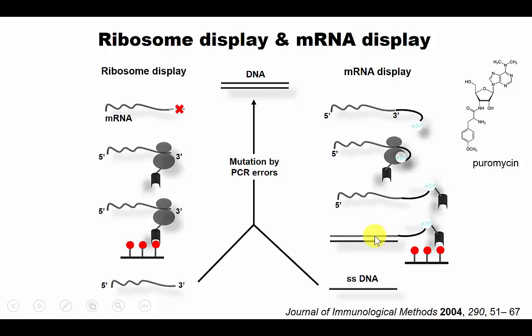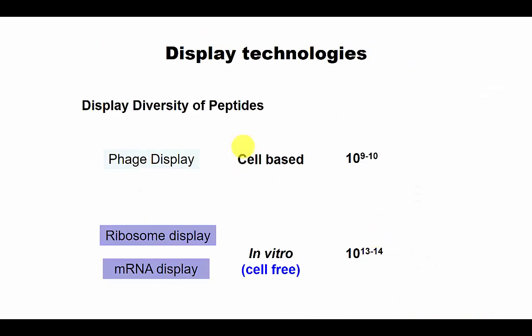This is just a cell extract with all the components for protein synthesis, and it can generate a very high diversity library of proteins. If you compare this with phage display, which can give us maybe a billion, ribosome display or mRNA display can utilize even higher diversity, 1000 times or 10,000 times higher.